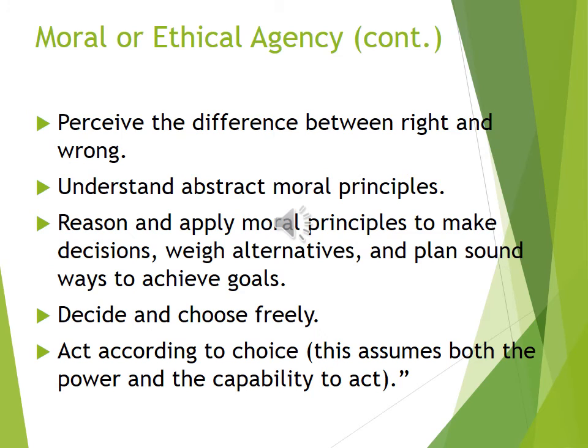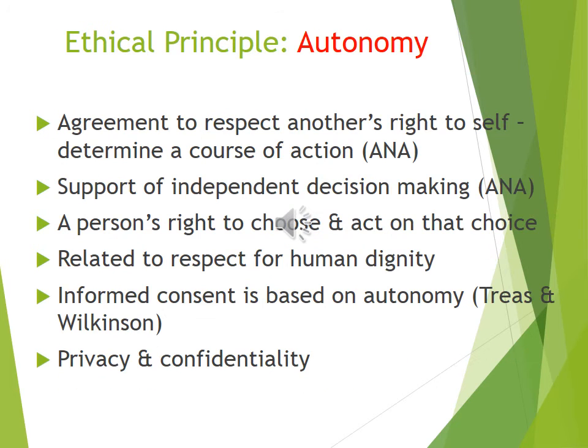We must be able to perceive the difference between right and wrong, understand what abstract moral principles are, reason and apply moral principles to make decisions, weigh our alternatives, and then plan sound ways to achieve the goals. We need to be able to decide and choose freely and then act according to that choice. This assumes both the power and the capability of being able to act on our decision.